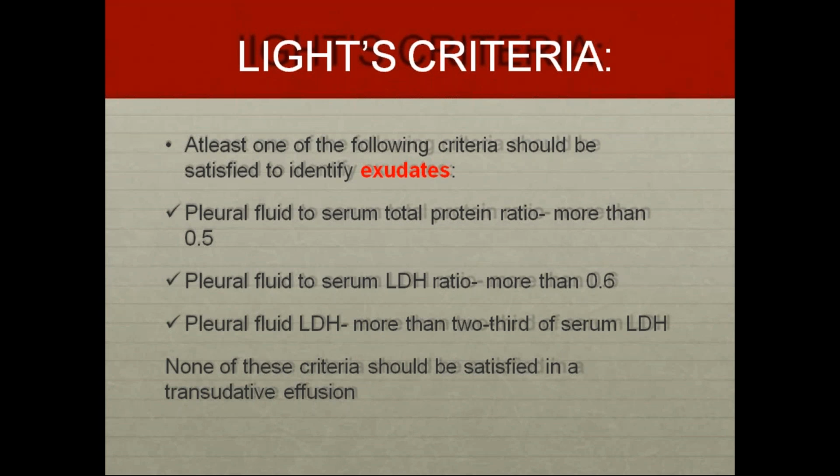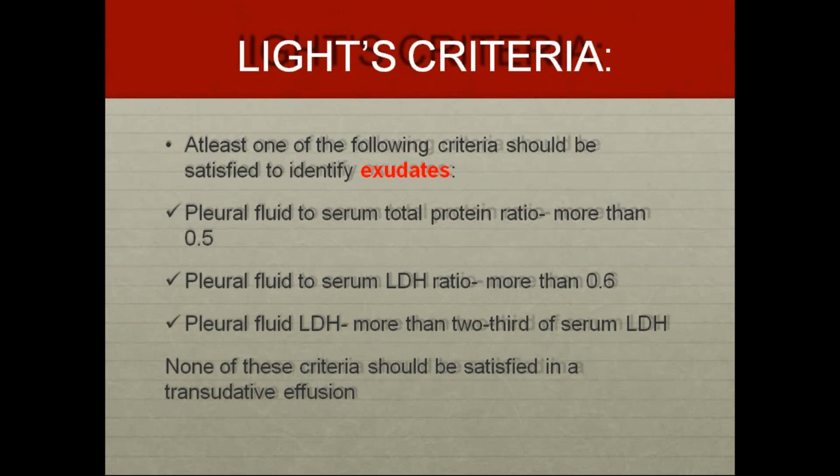So what is that? When the pleural fluid to serum total protein ratio is more than 0.5. So you have to remember it is differentiating the pleural fluid protein, as I already mentioned.